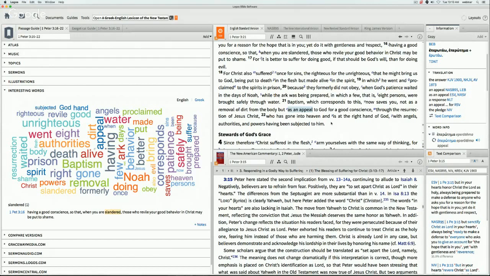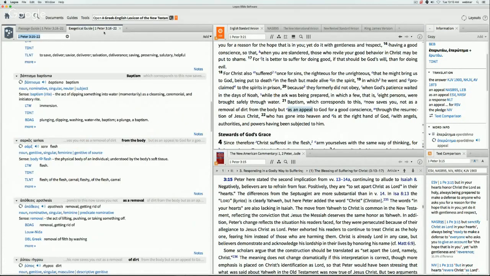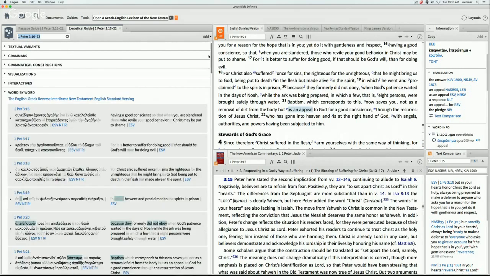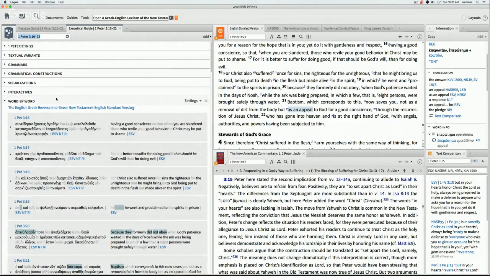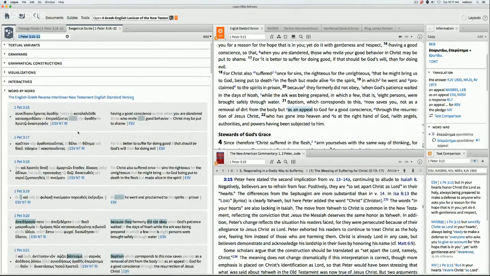Let's look at one other way to find interesting words to investigate, and that's in the exegetical guide. It opens by default when you enter a passage on the home page, or you can also open it from the guides menu. In the exegetical guide, there are a lot of different, and sometimes very in-depth, tools to go into the original language. But for starting out, just take a look at the word-by-word section.